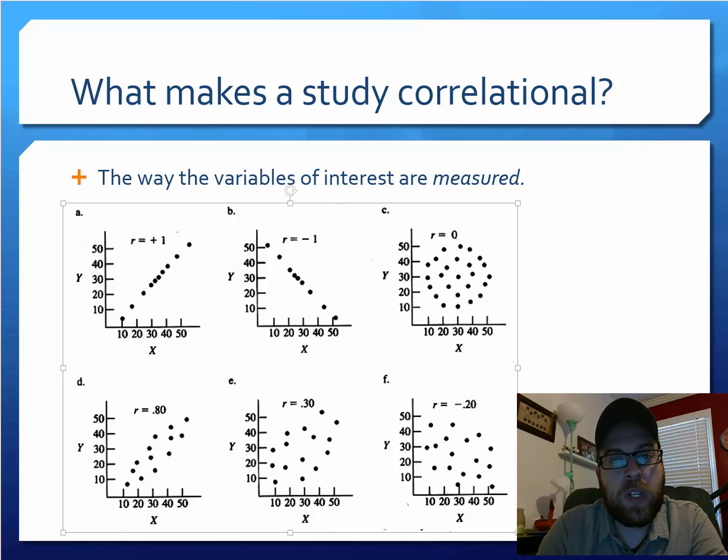But what if I was measuring things differently? What if, for example, I was measuring the relationship between socioeconomic status, how much money you have, and cardiac disease, whether or not you're likely to have a heart attack? So we might expect a negative correlation in this case. As socioeconomic status increases, what happens to the probability of a heart attack?